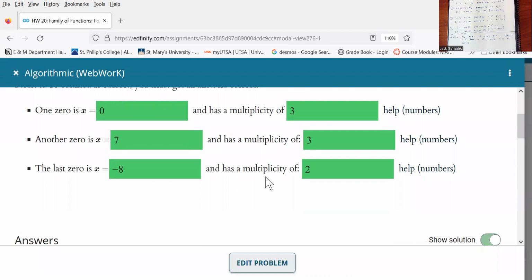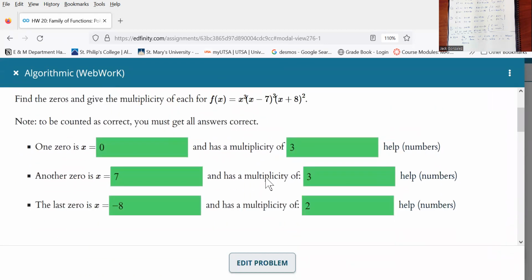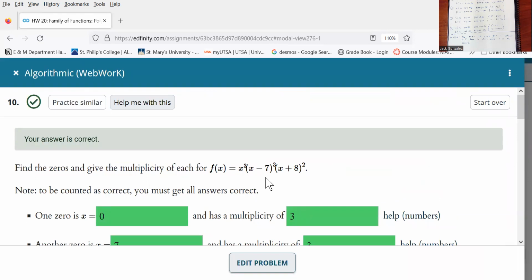Graphically, if the multiplicity is even, it'll bounce off that 0. If it is odd, it'll go through that 0. See how these are going through? These are all zeros, right? These would all be considered odd multiplicities because it's going straight through.